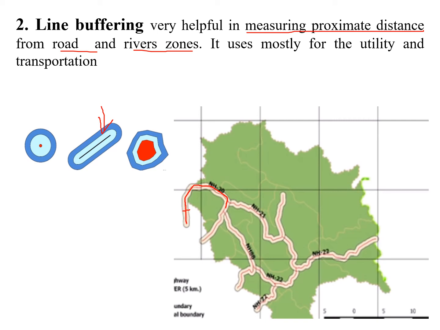So you give a buffer of 500 meters to each side, and that is line buffering. If you want to find out whether there is any encroachment within the 500 meters, you can go for the analysis and quickly find out by giving the buffer of 500.